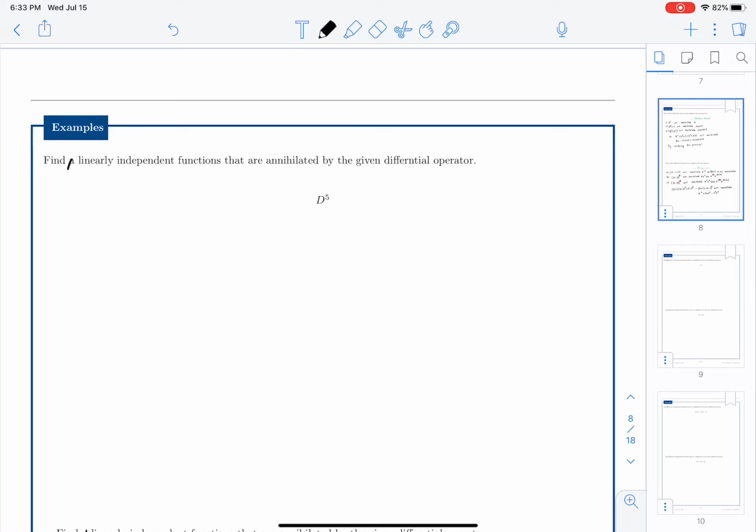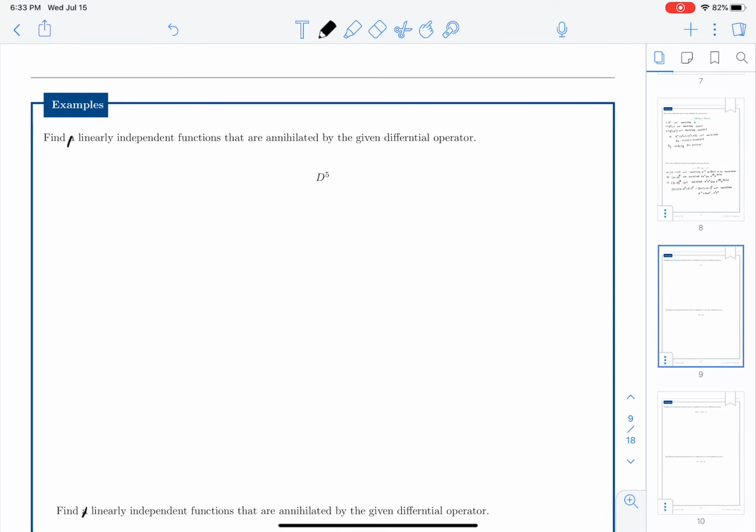D raised to 5: we know D raised to 5 annihilates 1, x, x squared, x cubed, x raised to 4. So those are the linearly independent functions.